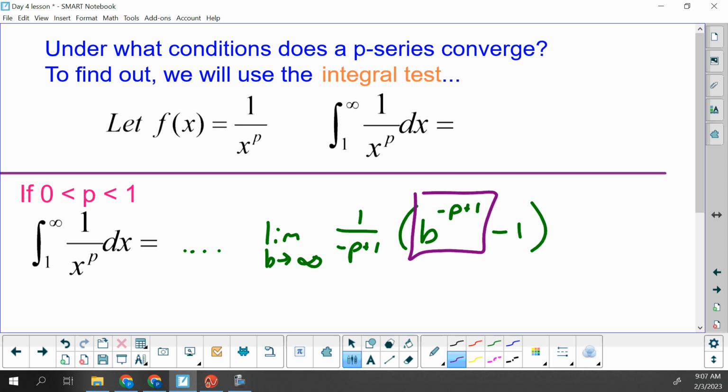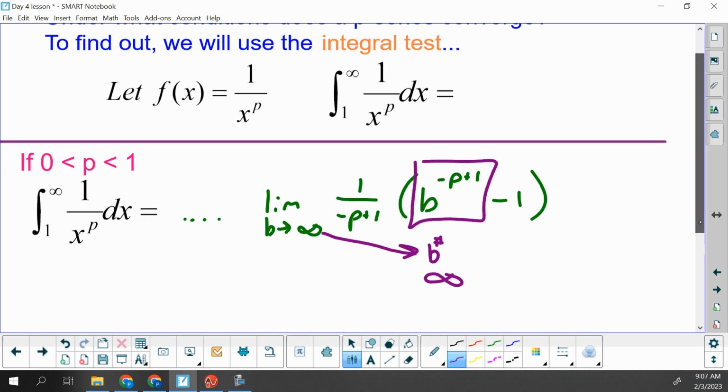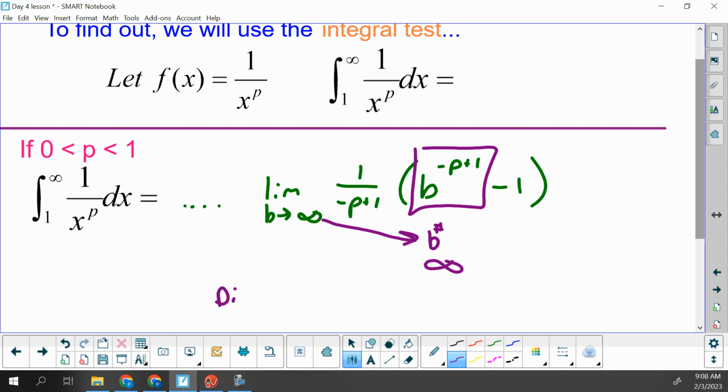If p is between 0 and 1, think 0.25, 0.5, 0.75. When we sub that in for p, negate it, and then add 1, we're going to get a positive exponent. So we're going to end up with b to some positive number in the numerator. When b goes to infinity, this is going to go to infinity. So therefore, this case is going to diverge.